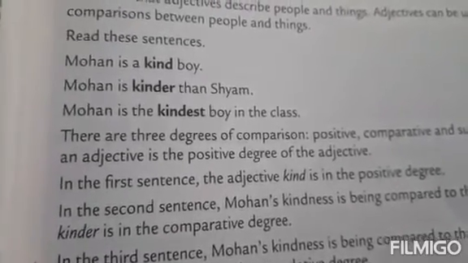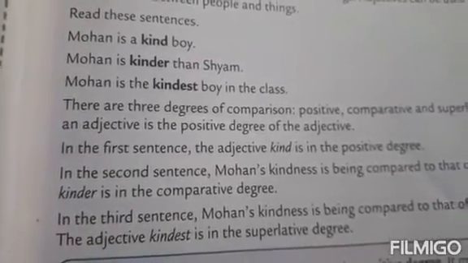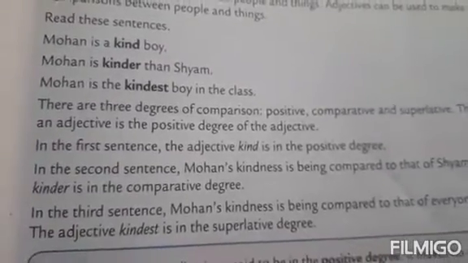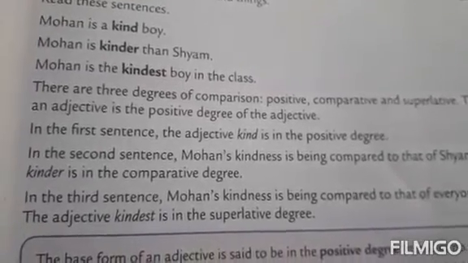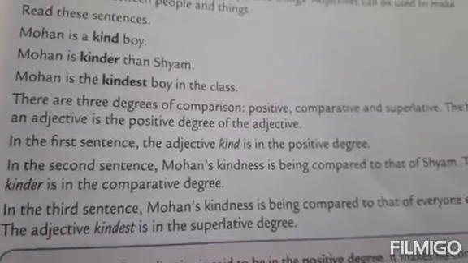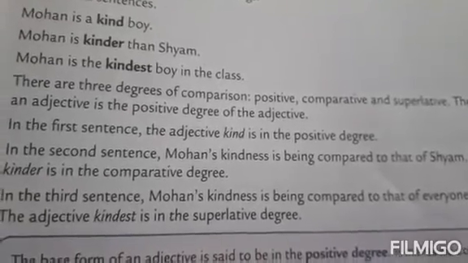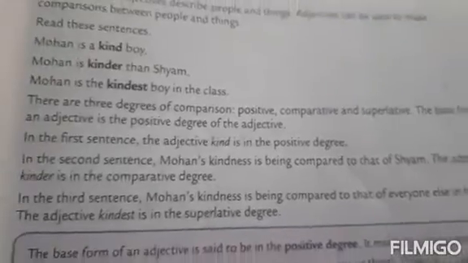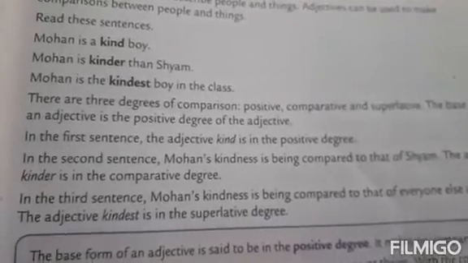Now in the second sentence you can see Mohan is kinder than Shyam. So in the second sentence, Mohan's kindness is being compared to that of Shyam. So that's why kinder in the second sentence is the comparative degree.